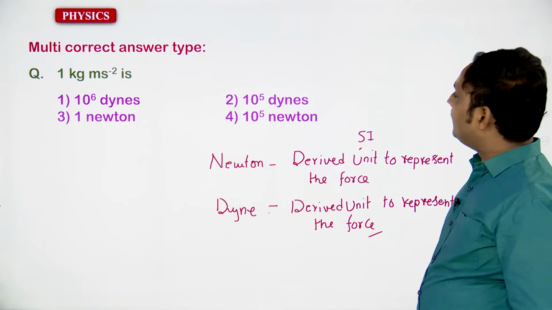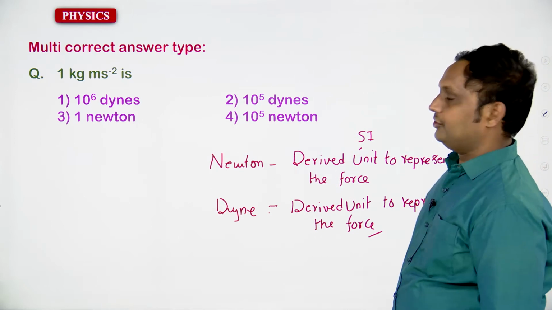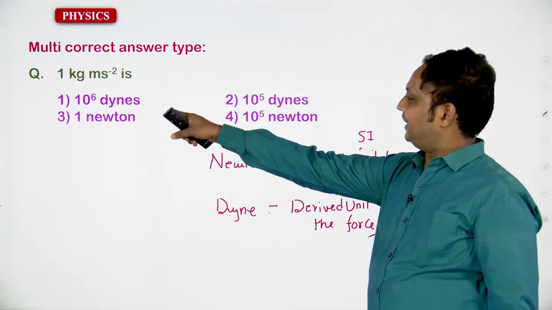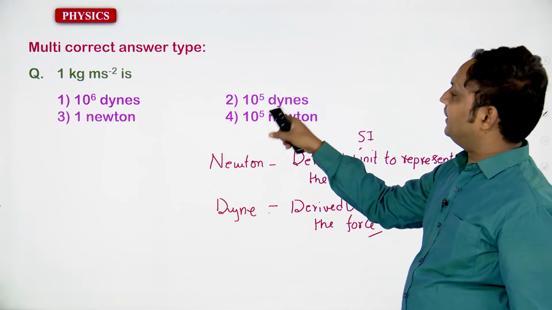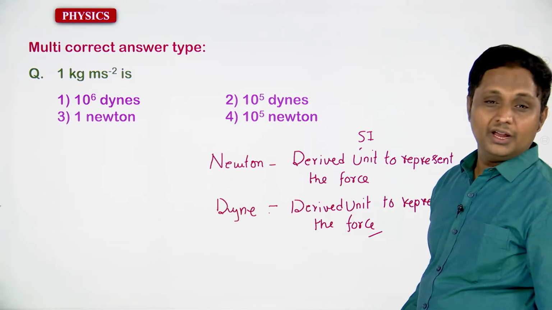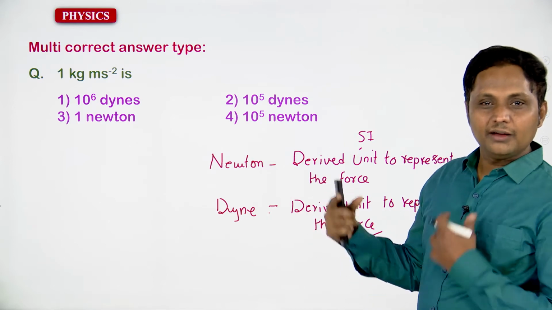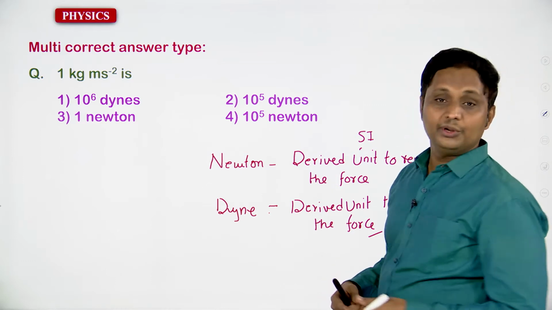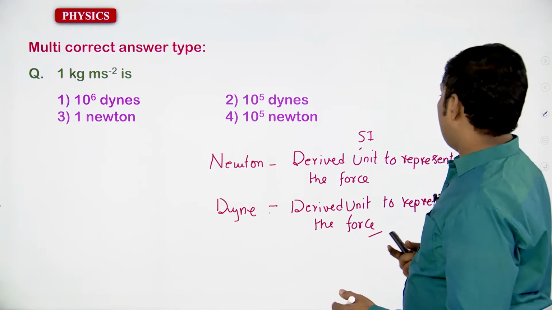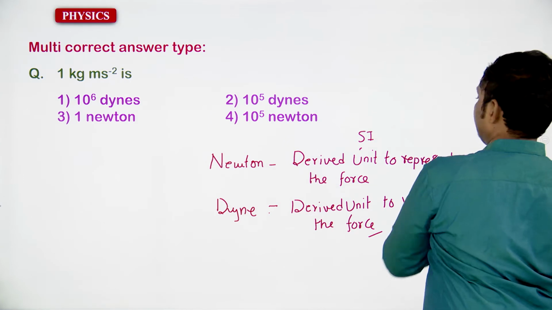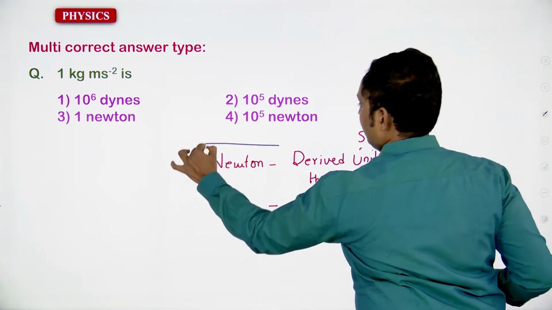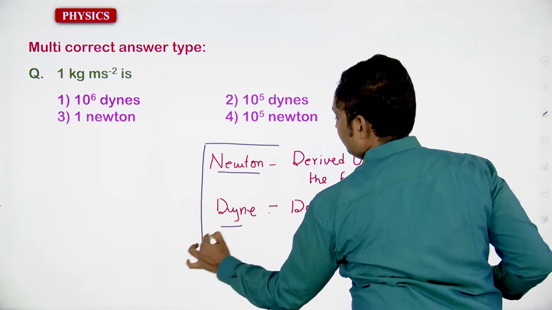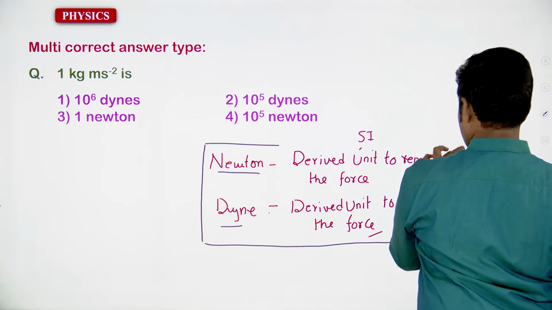Now it is very clear what they have given as the answer. Just see 10 to the power of 6 dynes, 10 to the power of 5 dynes, and 1 Newton, 10 to the power of 5 Newton. You have to get a multiple-correct answer, whether more than one answer is going to be correct. This is all about the representation of force in different units, in dyne and Newton.